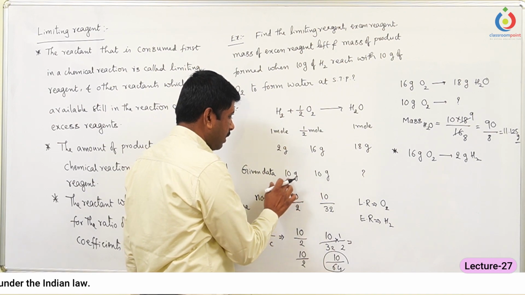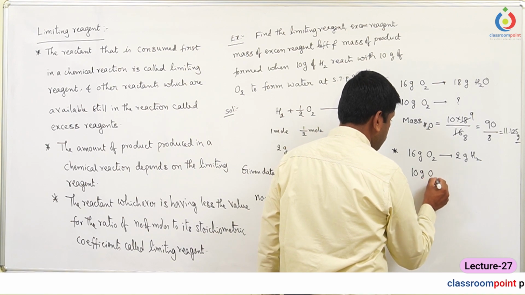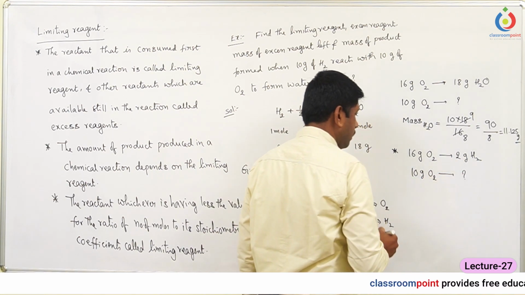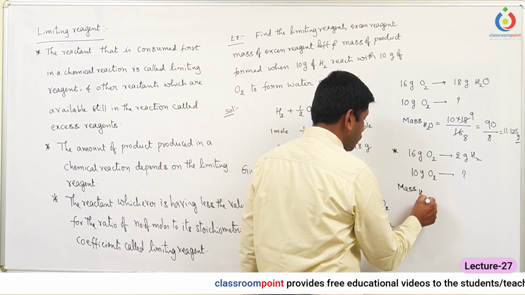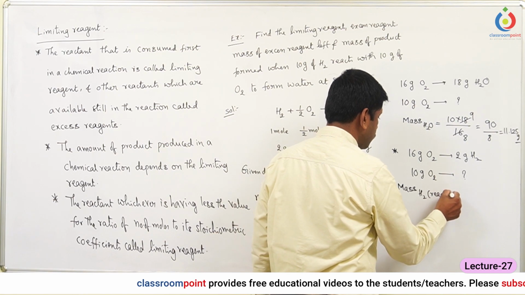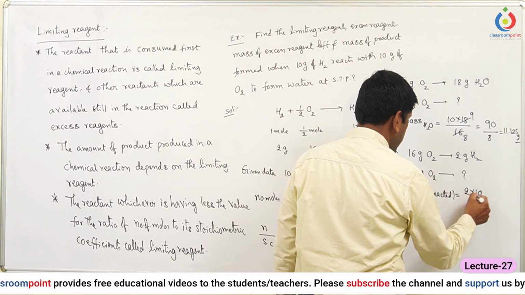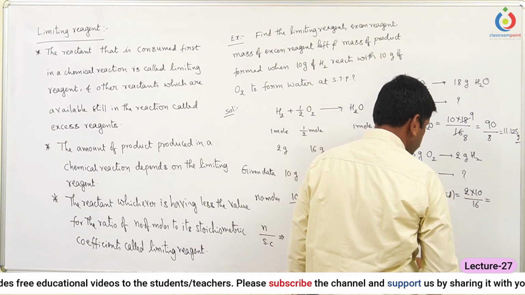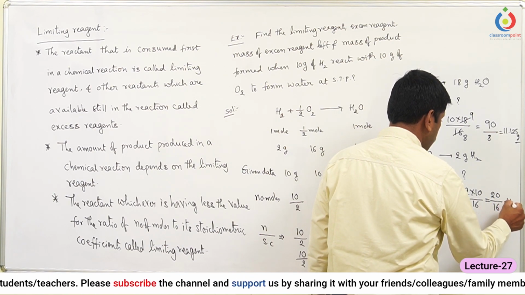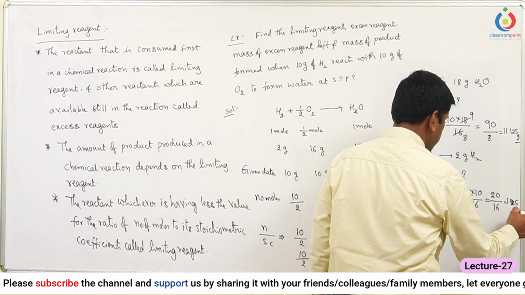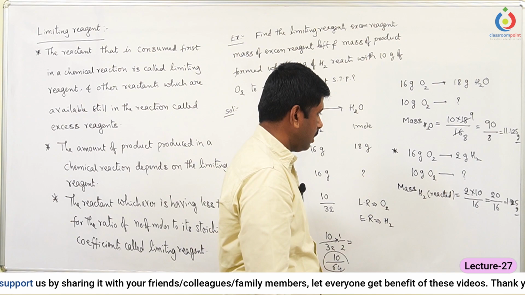Then how many grams of hydrogen can 10 grams of oxygen react with? So the mass of H2 reacted is equal to, do the cross multiplication, 2 into 10 divided by 16. So this goes 20 by 16, 1.25 grams. So 1.25 grams of H2 is enough to react.